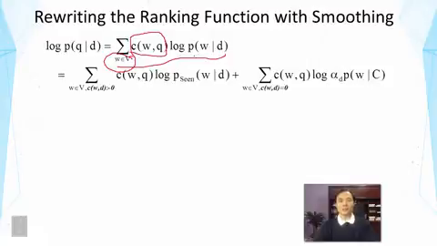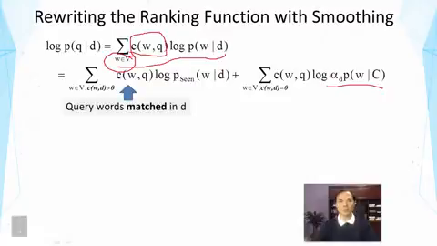In our smoothing method, we assume that the words that are not observed in the document will have a somewhat different form of probability, namely this form. So we're going to then decompose this sum into two parts. One sum is over all the query words that are matched in the document. That means in this sum, all the words have a non-zero probability in the document. It's the non-zero count of the word in the document. They all occurred in the document.